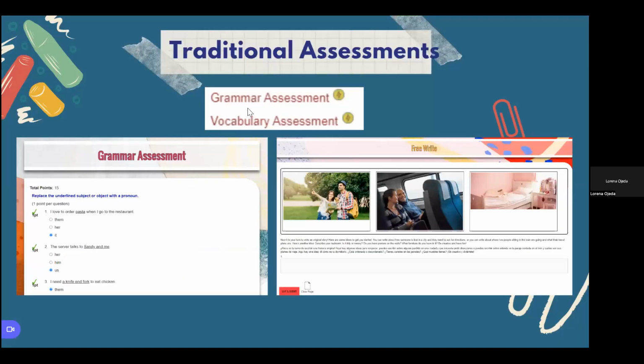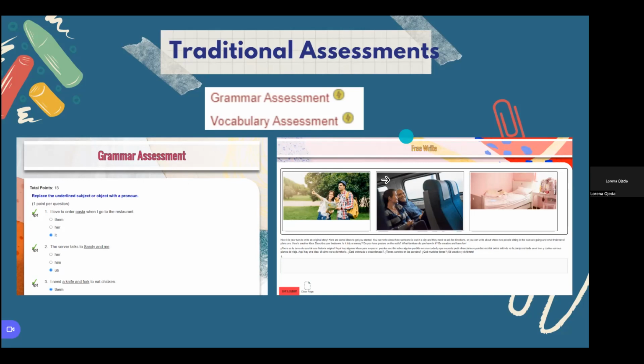Assessment. How are we going to assess our students' learning outcomes? Well, there are different ways, but the first one that we propose is the traditional assessment. That is basically grammar assessment, because we are going to be working using those specific language structures and target vocabulary structures too. And so we have both of these. It also includes a free write.